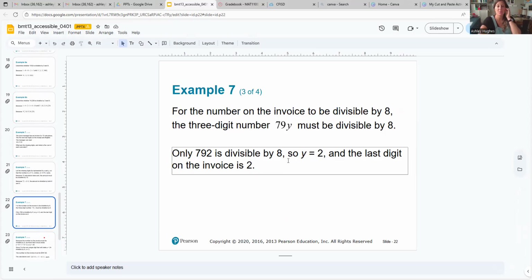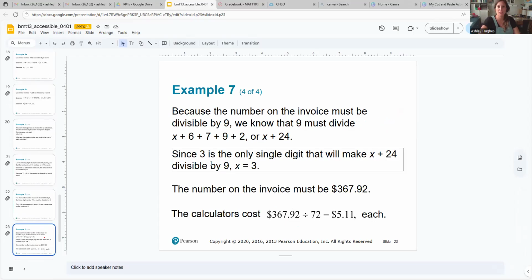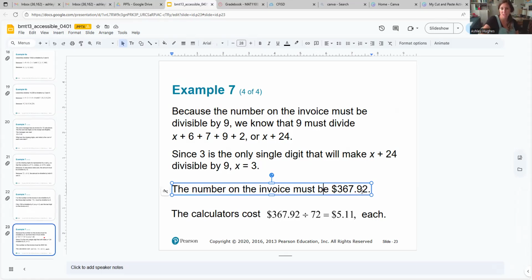Only 792 is divisible by 8, so y equals 2. And the last digit on the invoice is 2. So then we can add up all of those together. We get x plus 24. Since 3 is the only single digit that will make x plus 24 divisible by 9, x equals 3. So it must be 362.92.